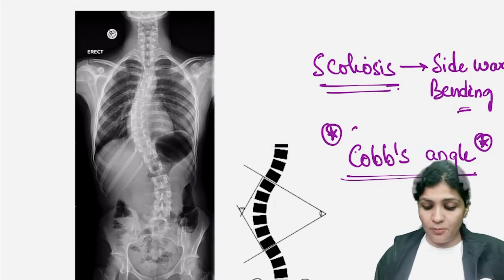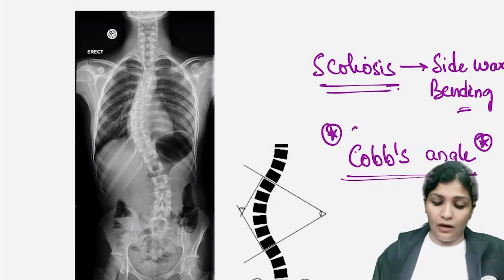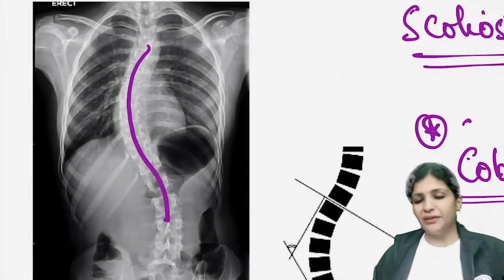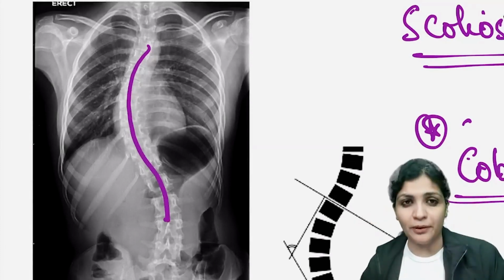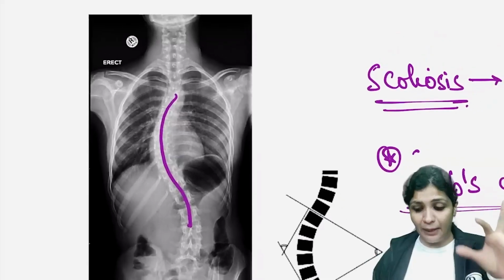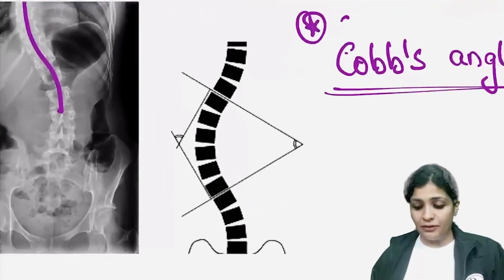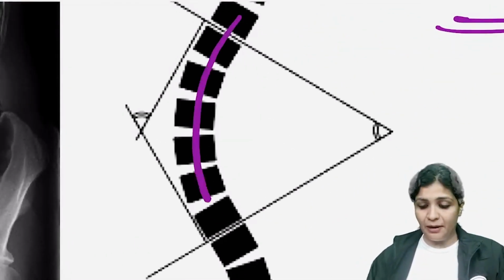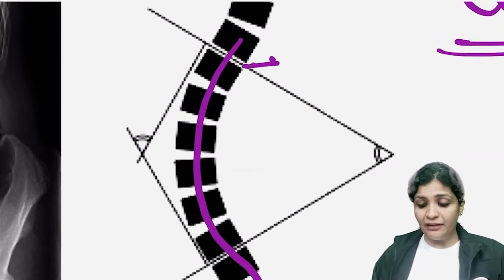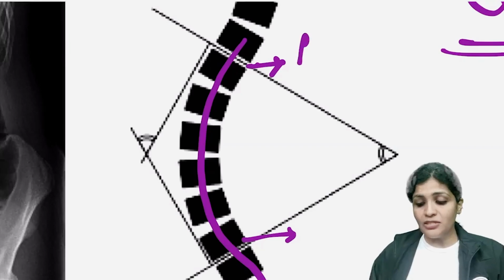So how do you measure the Cobb's angle? Again, this is a little complex topic where you have primary curves, secondary curves and all. You always take the primary curve. In this curve you have to identify the end vertebrae.